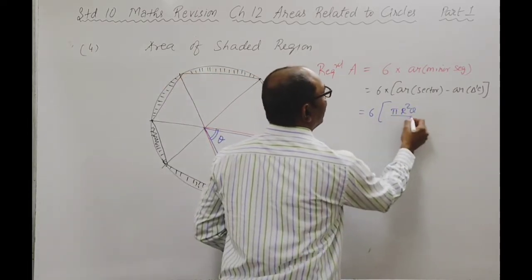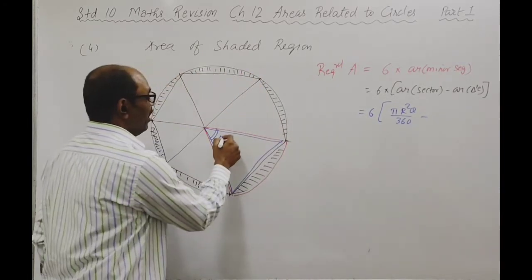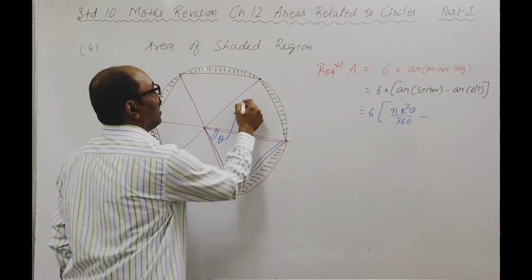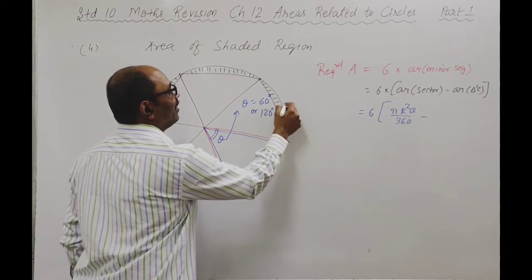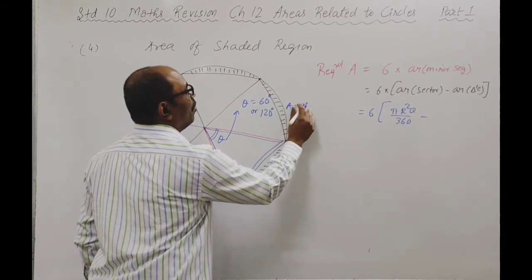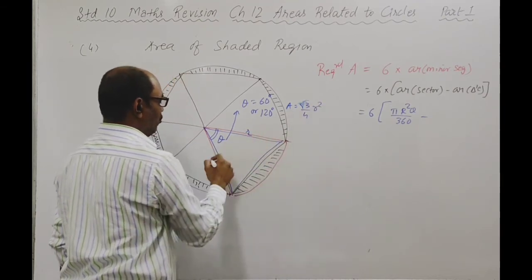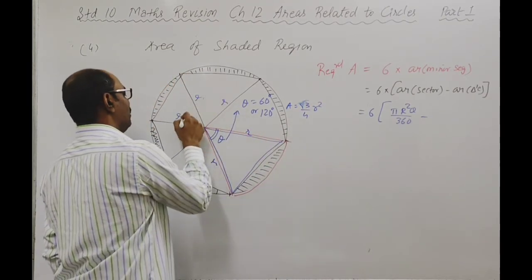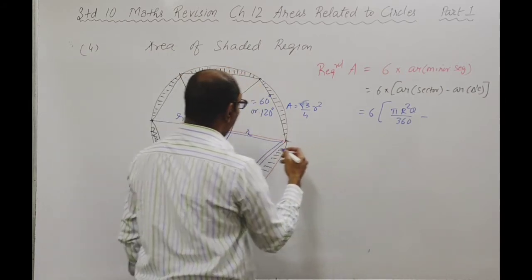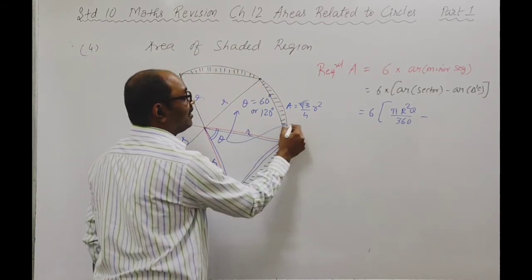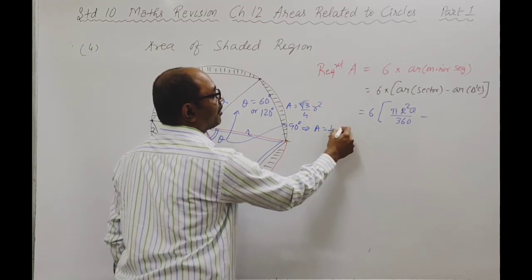Pi r square theta upon minus. Here, area of triangle depends on theta. If theta is 60 degree or 120 degree, then area is equal to root 3 by 4 r square. क्योंकि ये radius होने वाला है. Each side is going to be the radius of the circle. All right. Or if theta is equal to 90 degree, then the area is half r square.